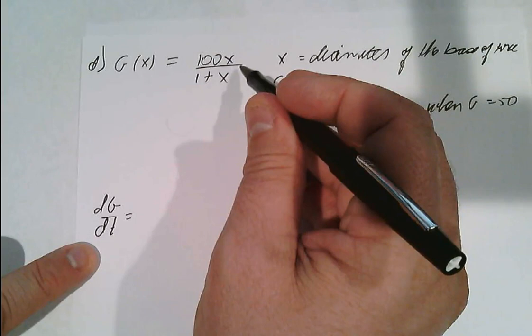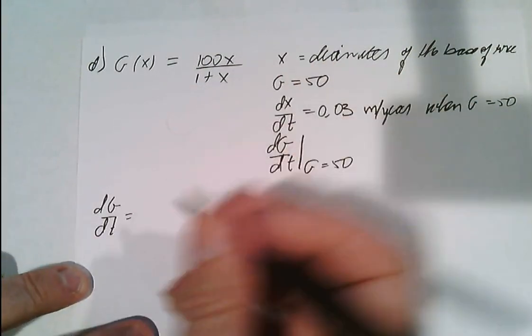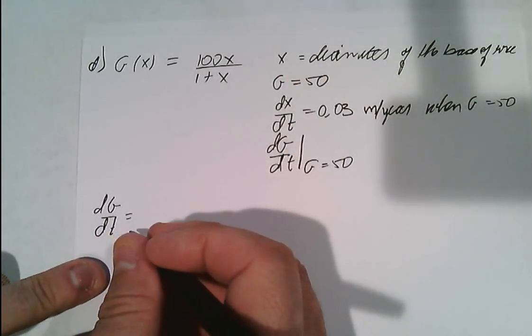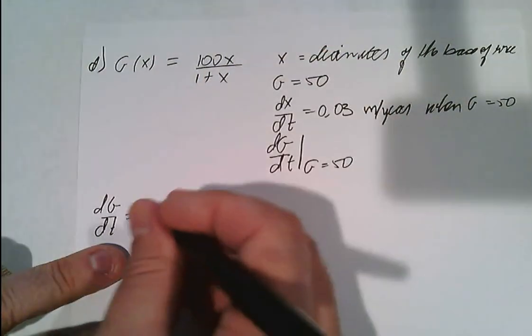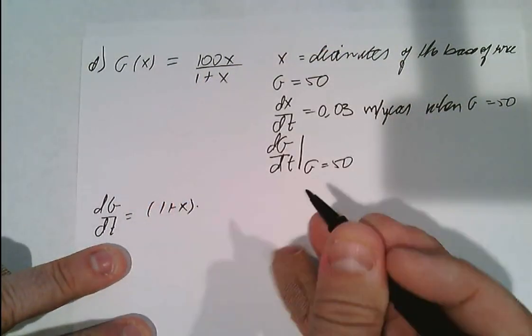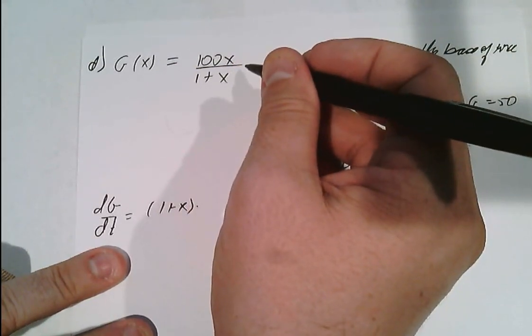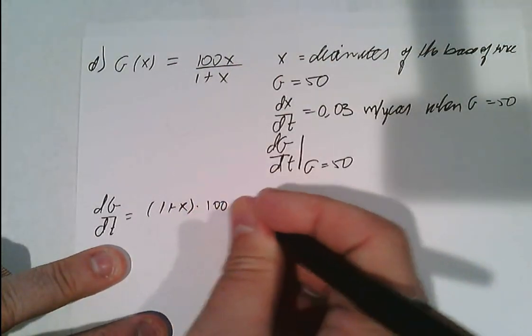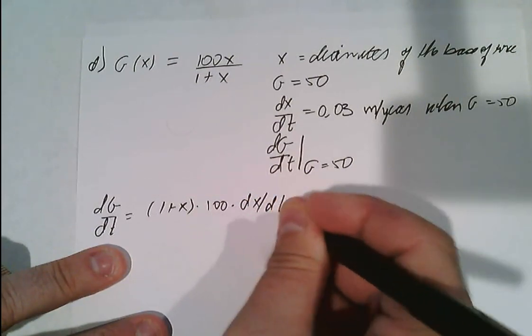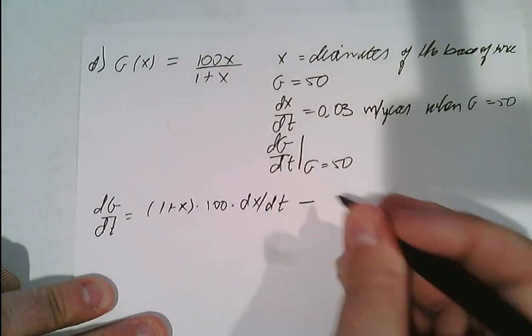But I see that I have x as my variable. Well, dg/dt, we're going to use the quotient rule, which is low, 1 plus x, times the derivative of the numerator. The derivative of 100x is 100 dx/dt, right?